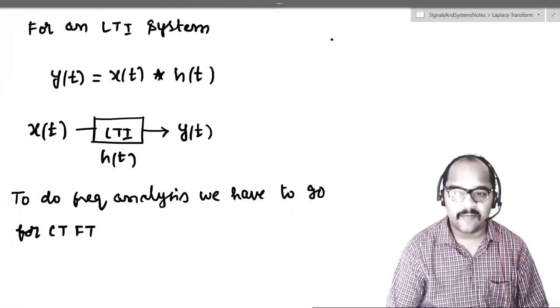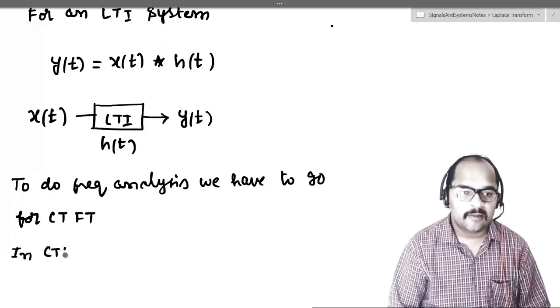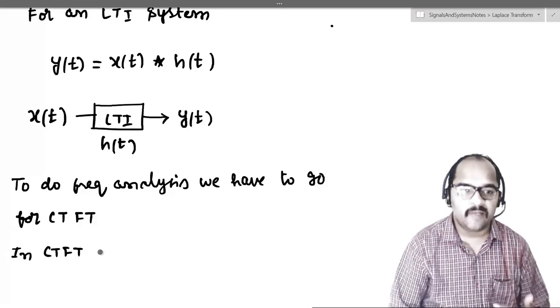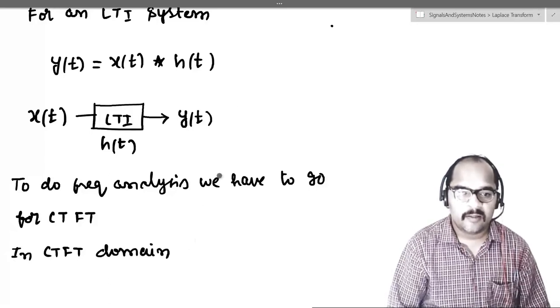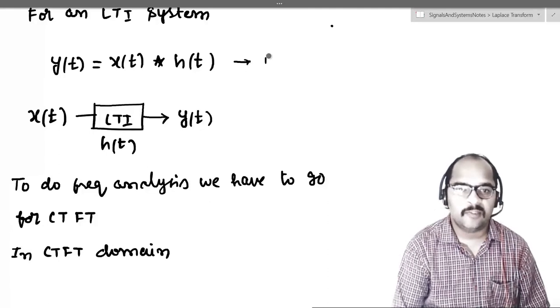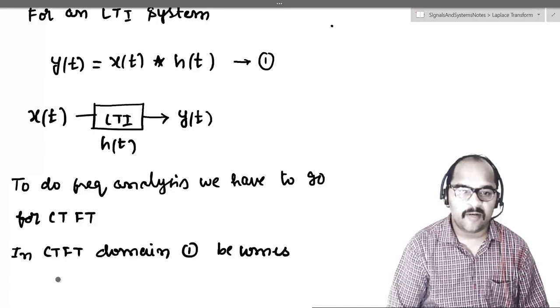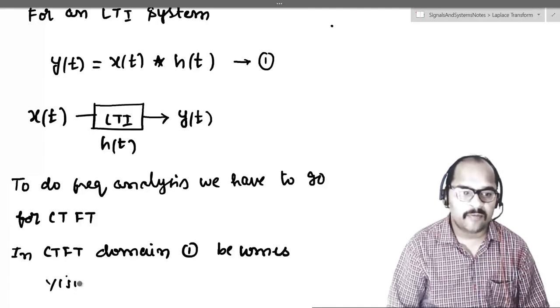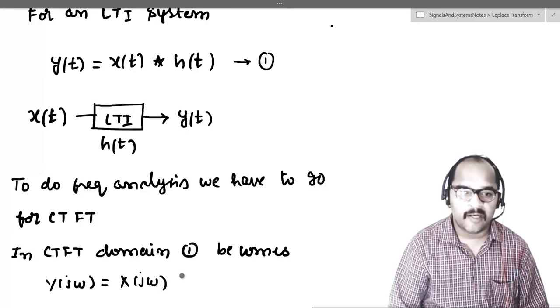But in the CTFT domain, which means the frequency domain, equation 1 becomes y of j omega equal to x of j omega multiplied with h of j omega.